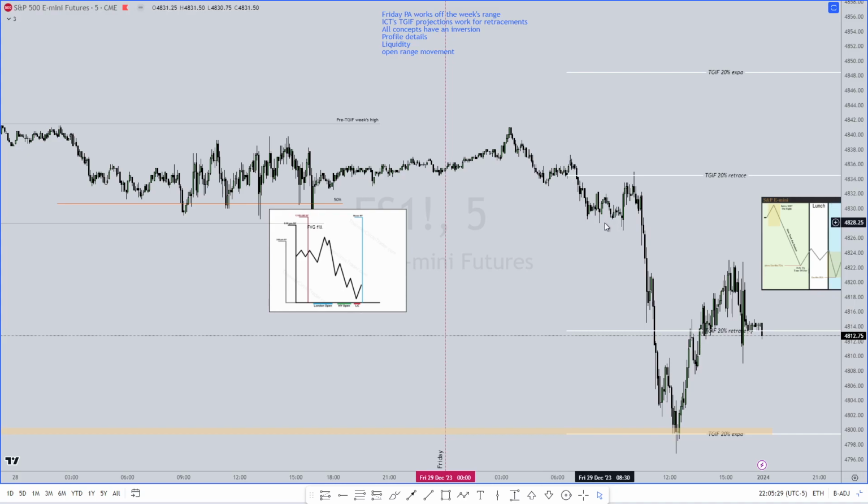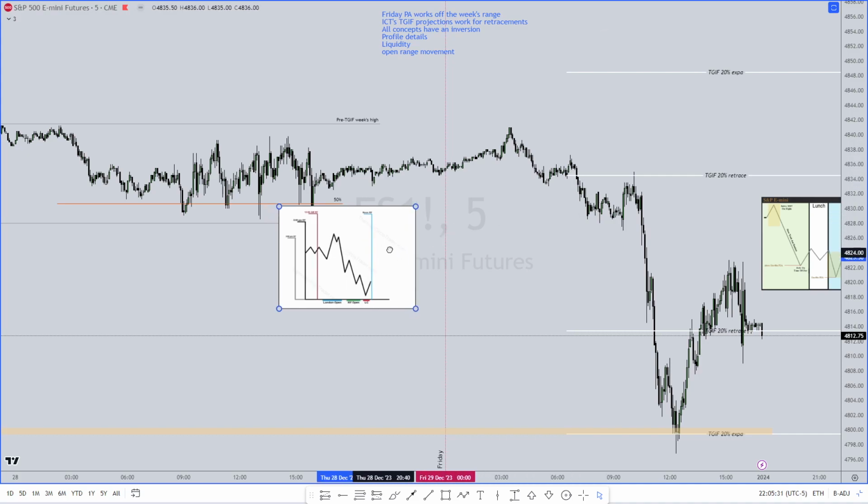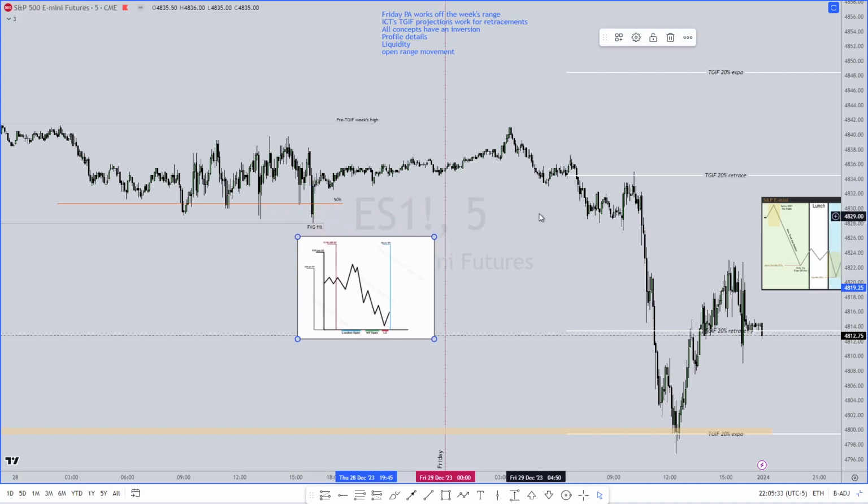We inverted. So when we saw that this profile was confirmed, which we'll break down in detail in a second, we returned to that retracement, which also had a fair value gap and a breaker. We ran all the way down, not only to the new week opening gap, but also to the expansion on the downside. Again, we set the retracement and expansion levels to the upside and the downside.